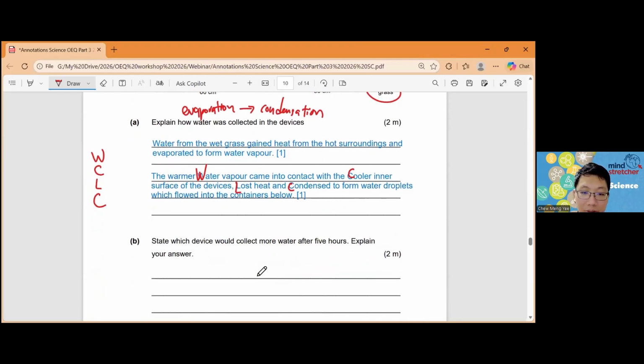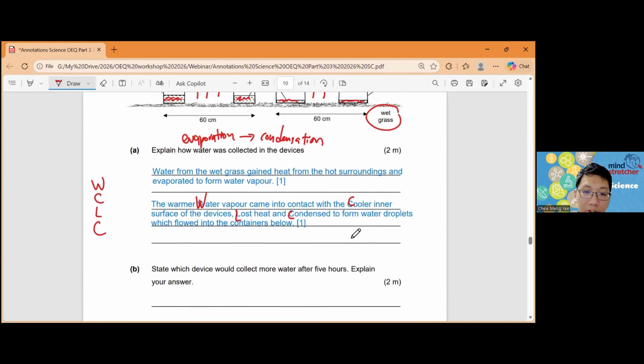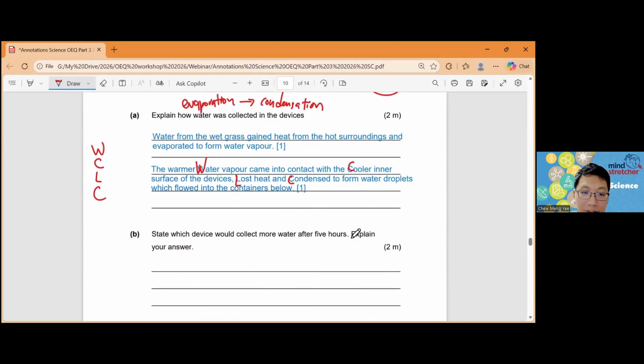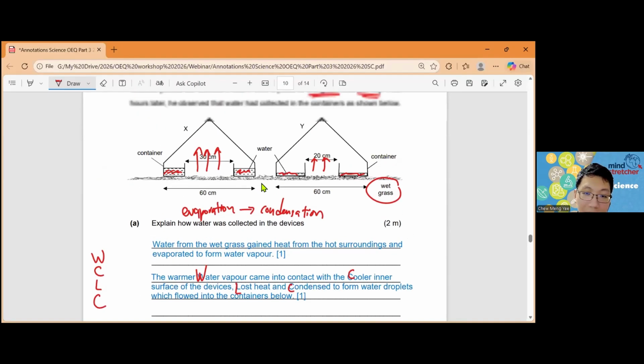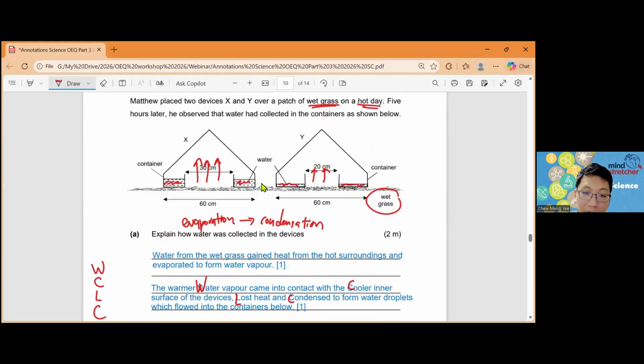So now for this question, for B we can use CR or AIR. Our evidence here is not in the form of the table or graph, but from our diagram, right? We can compare the exposed surface area.